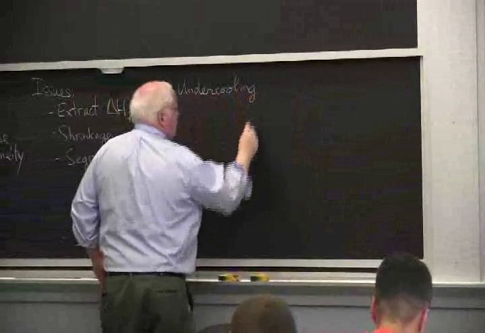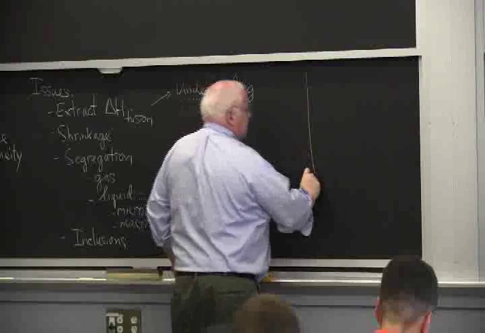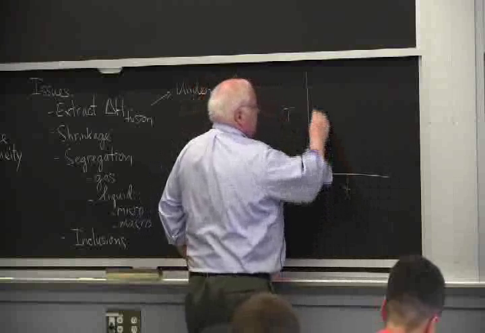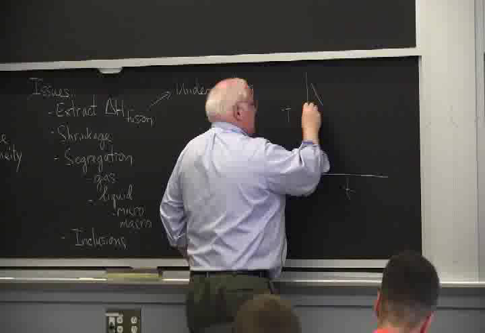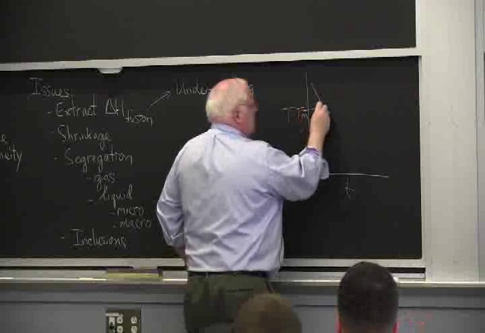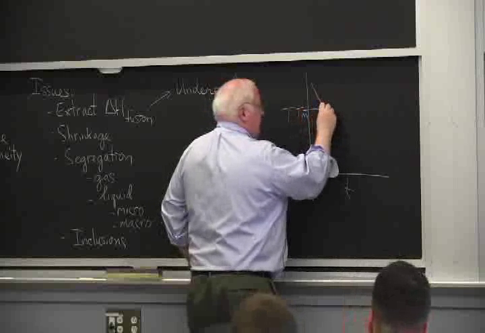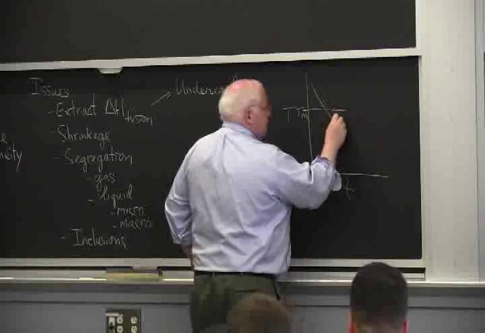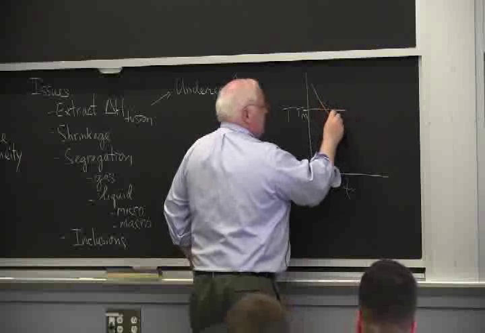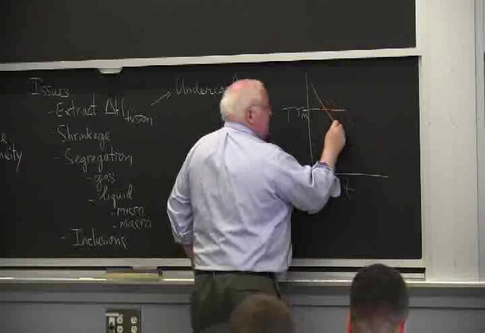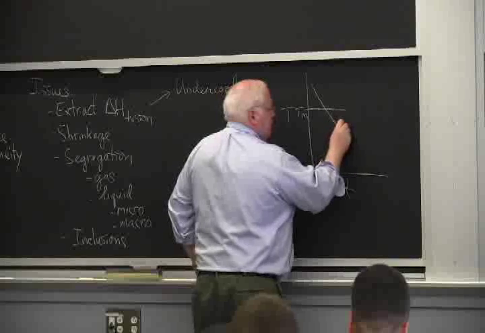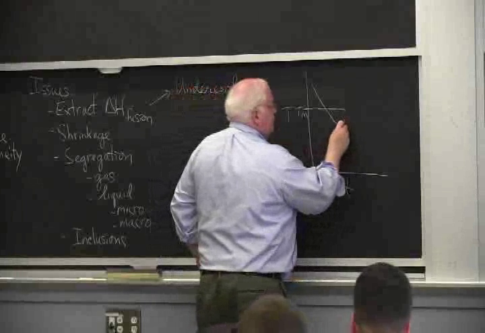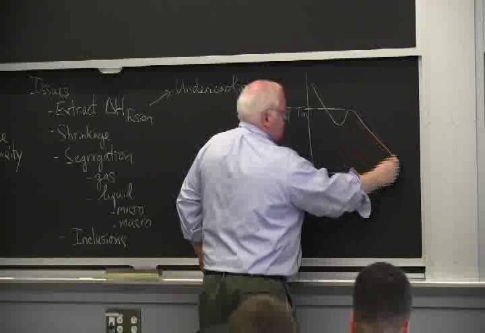And undercooling is basically the situation that if you have some temperature versus time and you're extracting heat, if this is the melting temperature, the thing should solidify here, but in fact it won't nucleate, and it may go down in temperature, it may remain a liquid down here below the melting point, and then when you finally do start to nucleate, as the solid starts to form, it gives up the heat of fusion, so the thing heats up and it ends up on a cooling curve like that.